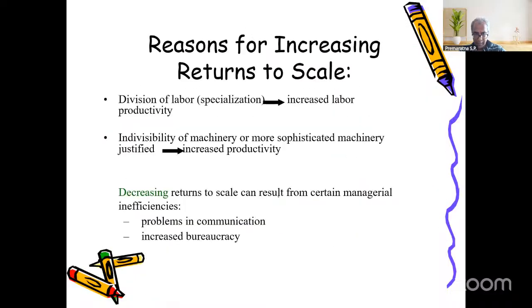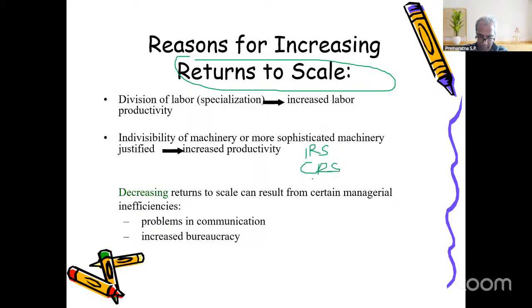So this is another thing also, return to scale. Basically, 3 stages in the long run: increasing return to scale, constant return to scale, and decreasing return to scale.